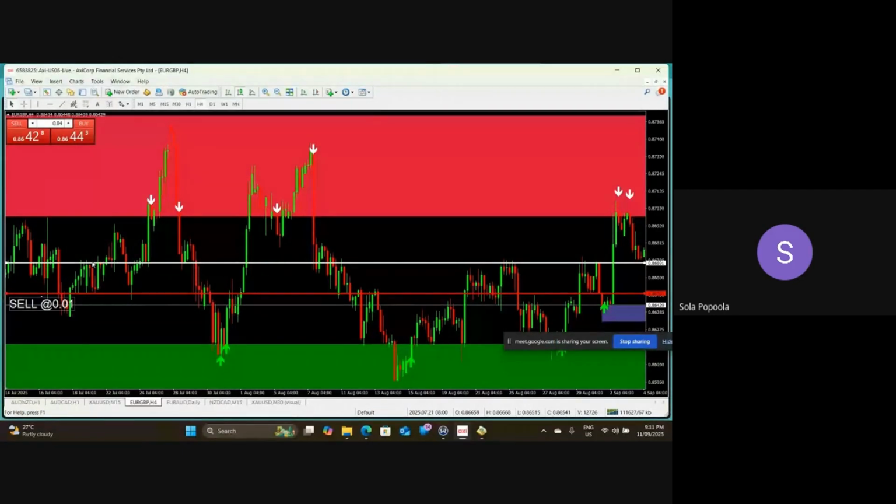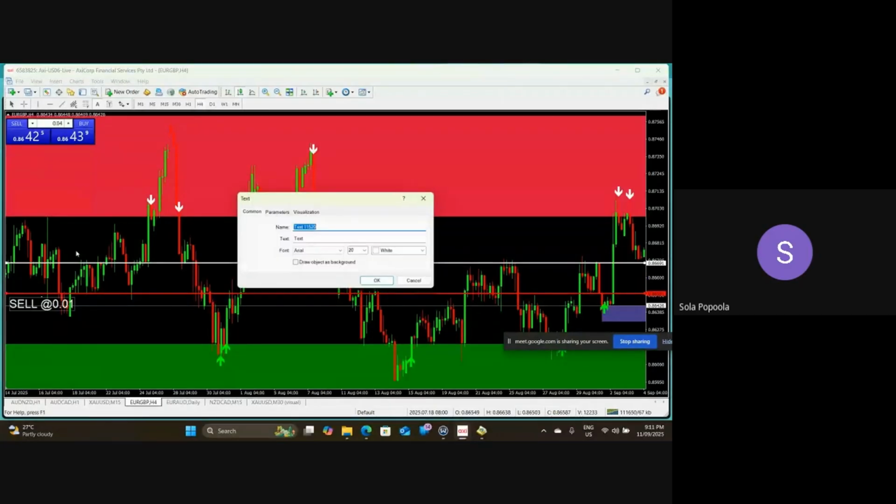Now I'm going to put up what I call a sell stop. This is where I'm going to put a sell stop here, at 0.01 lot.